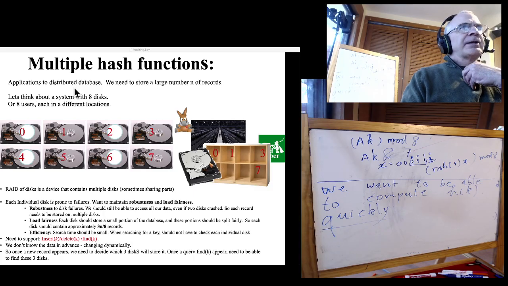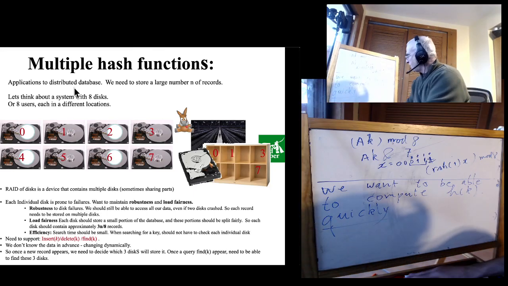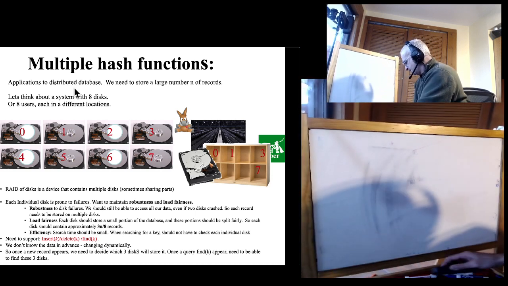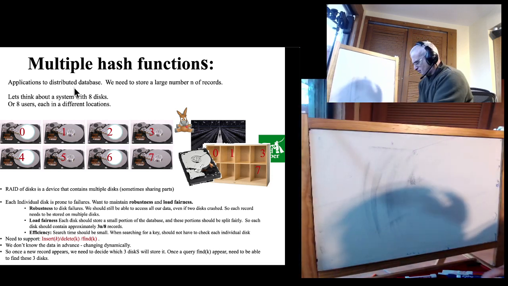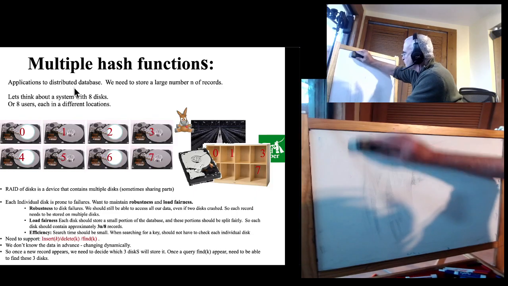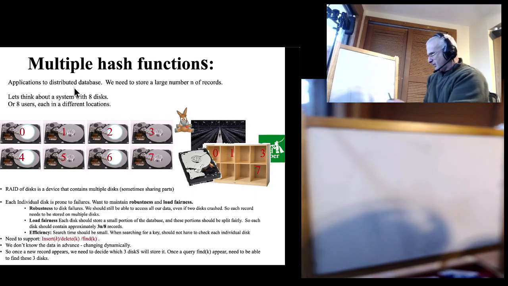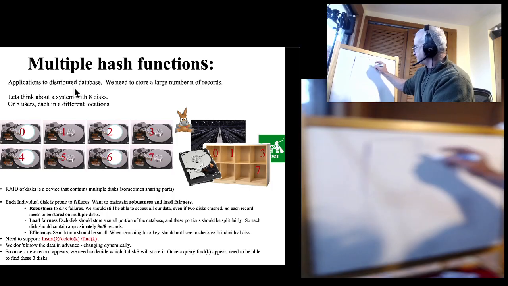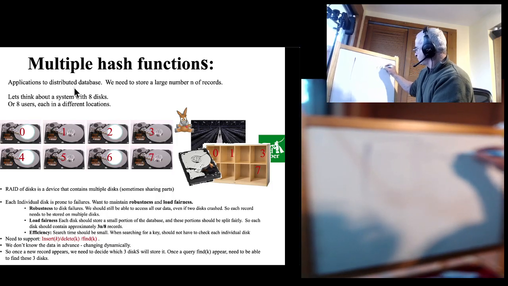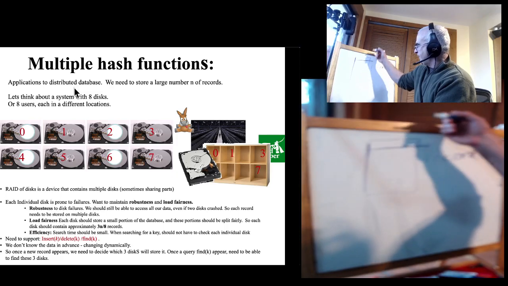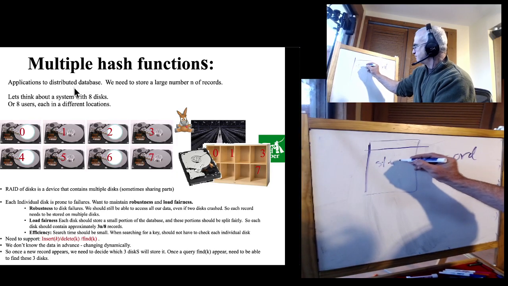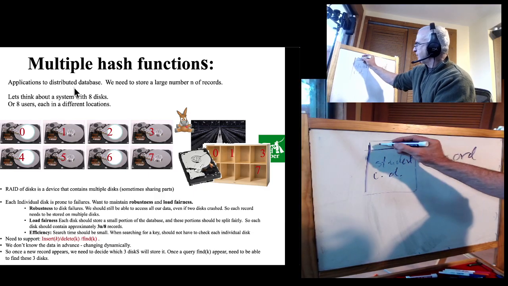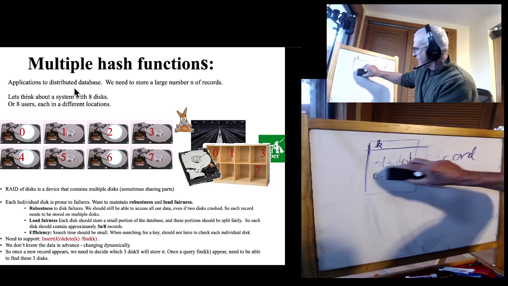We want to store a lot of records, and as you remember in all our discussion about data structures in general, we have a record, and a record contains, say, the student ID, and the record also contains the student details.